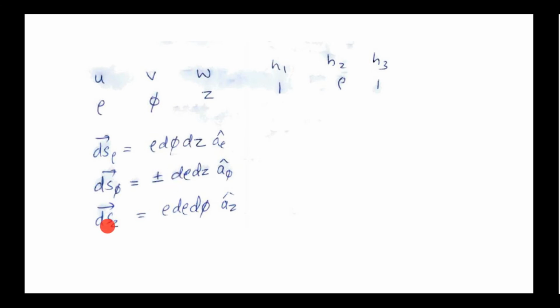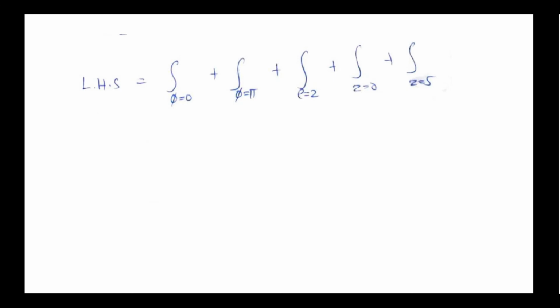Similarly, you have ds z, which also has both plus and minus based on the direction. So dz is excluded, leaving 1 into rho d phi, so rho d phi a z.